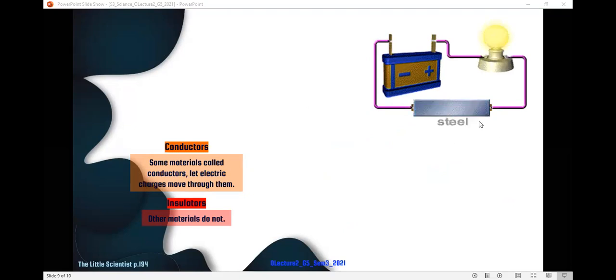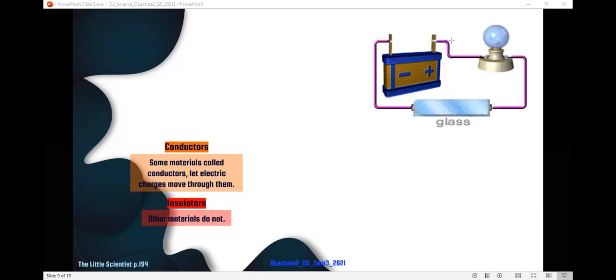Look at this. Steel, conductor or insulator? Wood, conductor or insulator? Copper? Glass? Insulator. Conductor. Wood. Insulator.